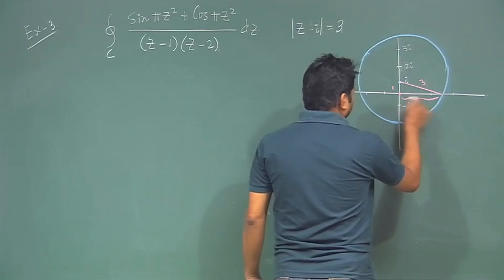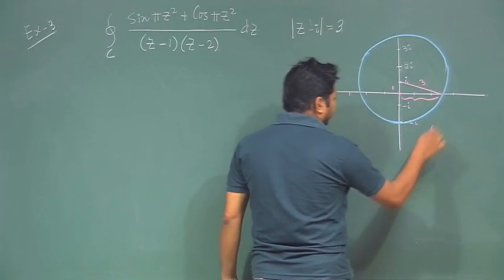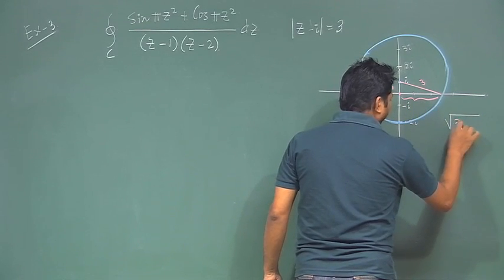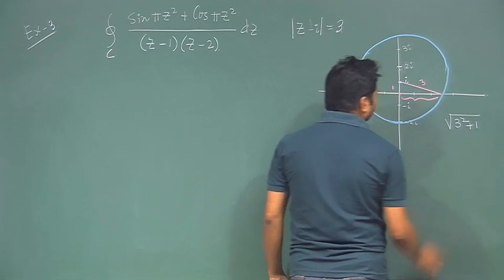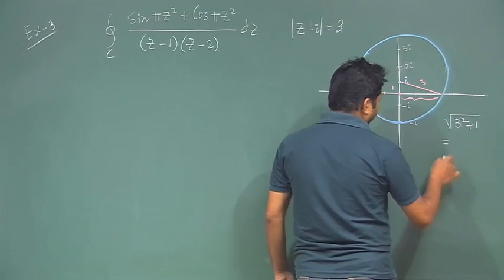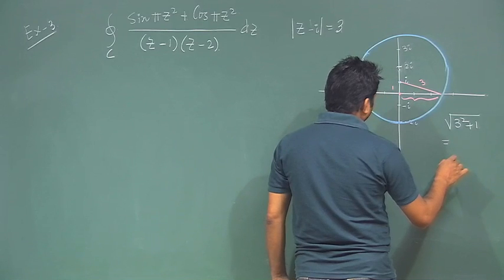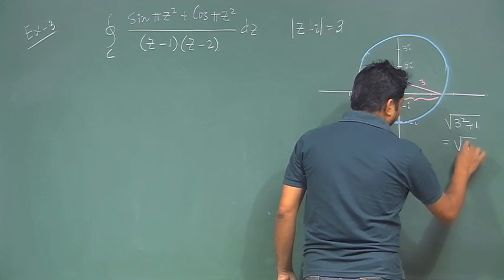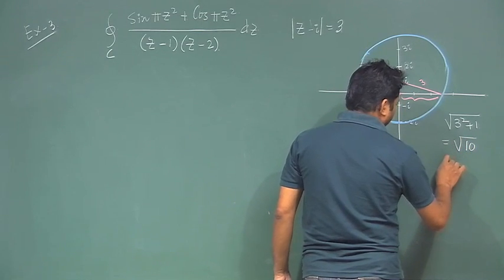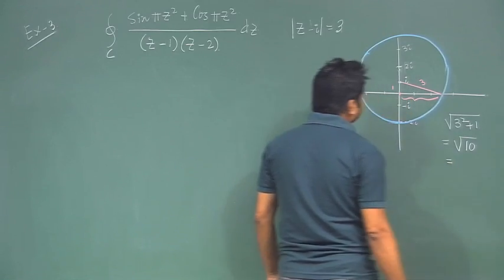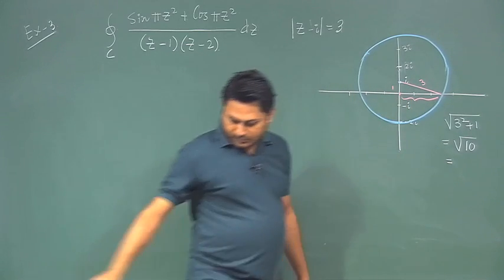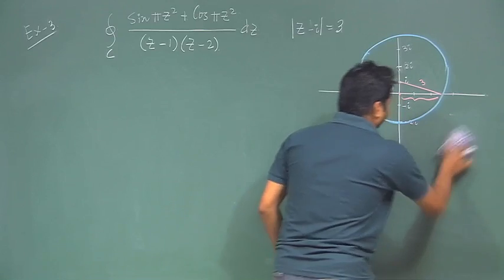So, what is the value here? It will be root over of 3 square plus 1, which is root 10. No, it is not 3 square plus 1, it is 3 square minus 1.